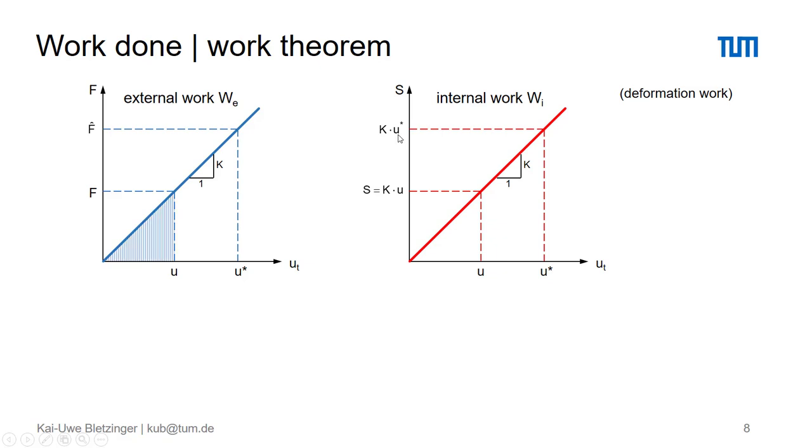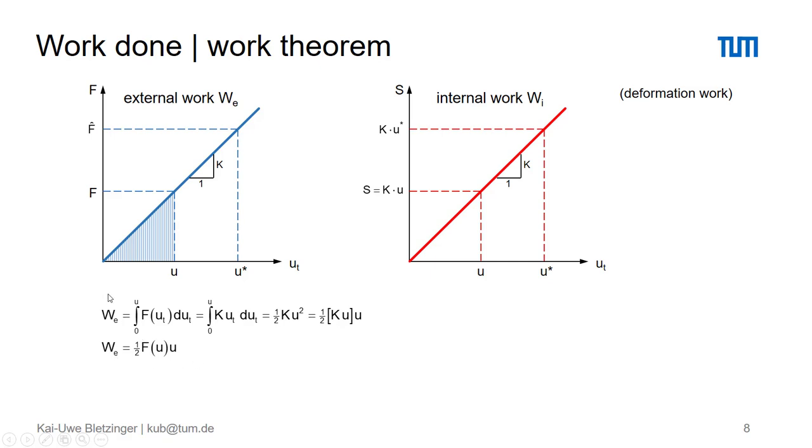The work done by the external force over the increase of displacement is simply this triangle here below this straight line, which comes from integration. If you take the integral from U equal to 0 to the actual value U, the integral over the function of the force, which is the linear function, substituting what we have found on the previous slide, K times U, integrating over the displacement here, we receive 1/2 times K times U squared, where we again recognize K times U as the value of the actual force.